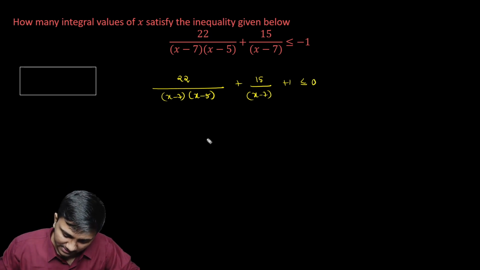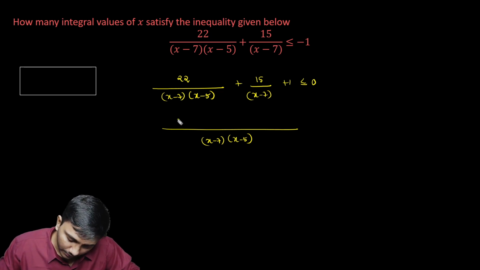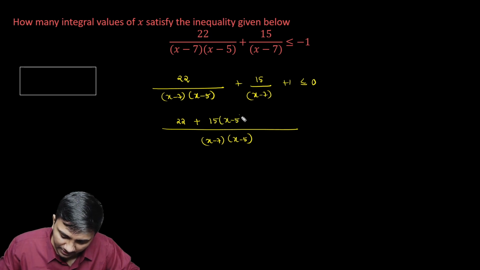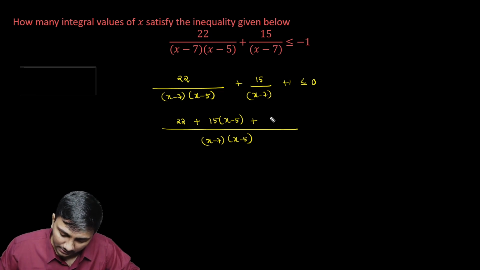So if I take LCM, that will be (x minus 7) into (x minus 5). Let's see what we'll get in the numerator. 22 plus 15 has only x minus 7 in the denominator, so I'll have to multiply it with x minus 5. Plus 1 has only 1 as denominator, so that will get multiplied with (x minus 7) and (x minus 5), less than or equal to 0.